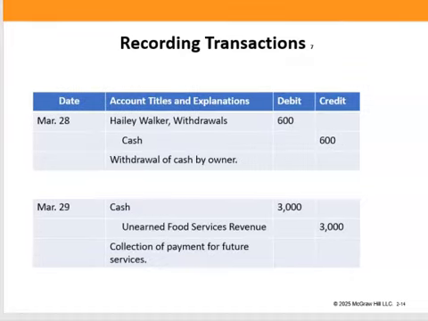Okay. So on March 28th, Haley, the owner of the company, decided to take a withdrawal from the company. And if you remember, the reason she's doing a withdrawal is because, well, one, it's her company, and two, if she wants to get cash out of her company, that's how she has to do it.